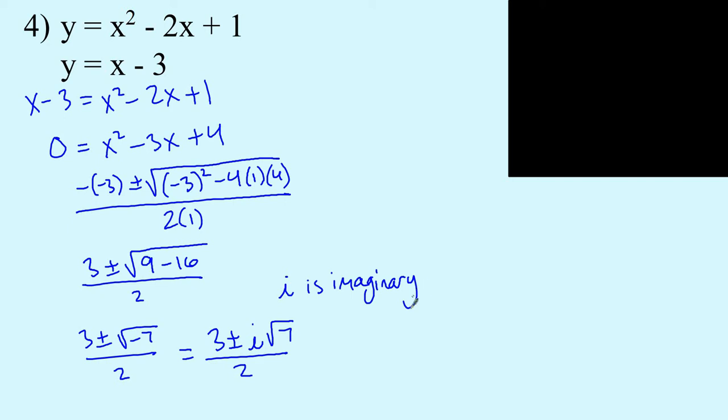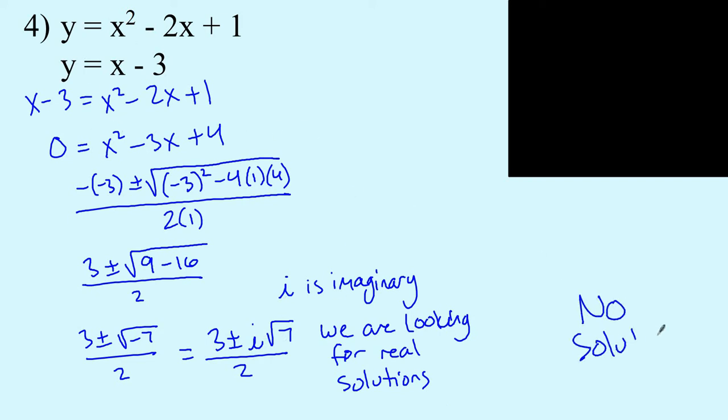So i is imaginary. We can't graph it. It's not real, so it's not a solution. We are looking for real solutions, which means this is imaginary, this is no solution. So my answer here is literally no solution.